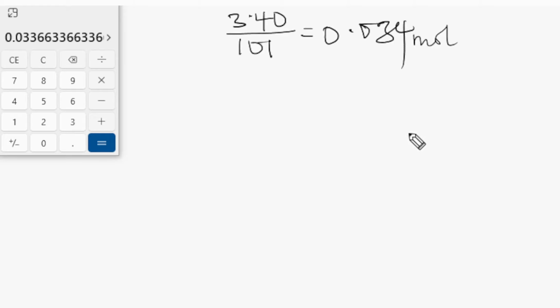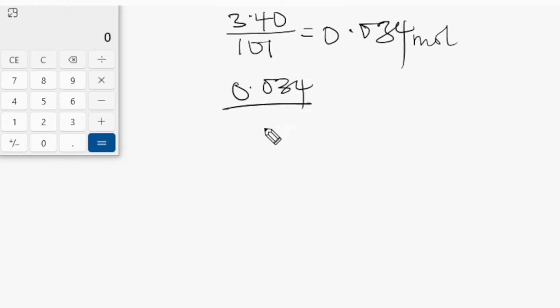And then the solubility here is going to be the number of moles over the volume here. So we are going to have, since we've gotten the number of moles, 0.034 over 0.25.